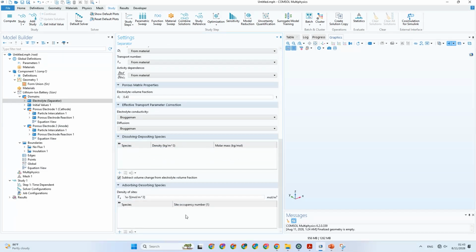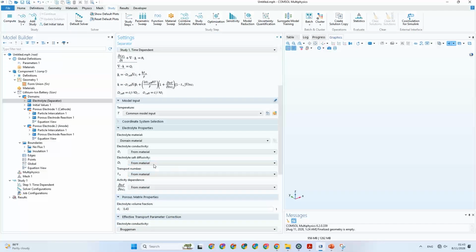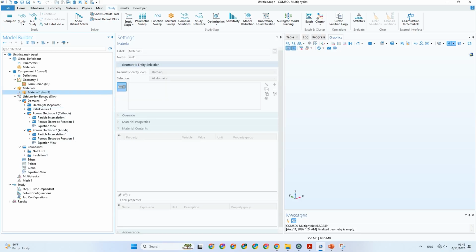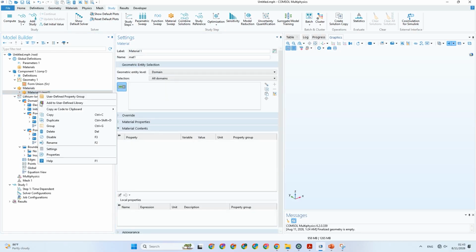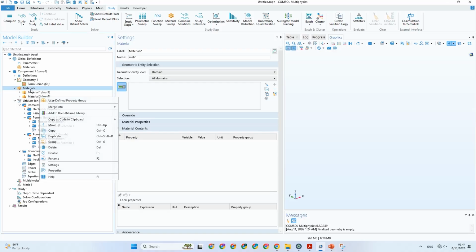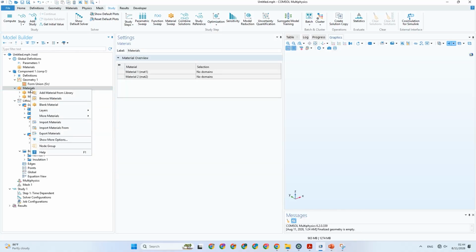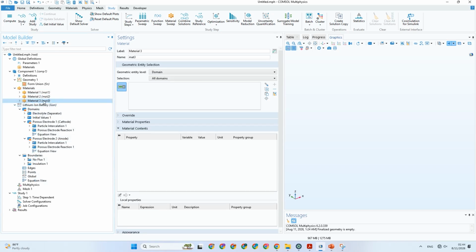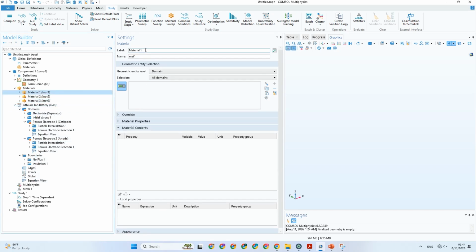And other properties, I don't know, we must check all of them. In material, maybe we must add a blank material, duplicate, and also maybe we can search in library. But let me choose arbitrary, duplicate. I add this as cathode.